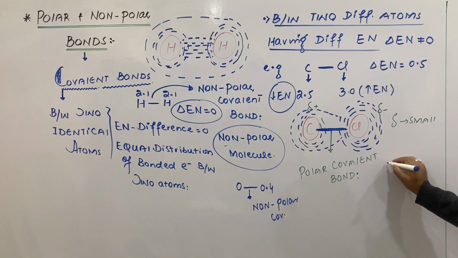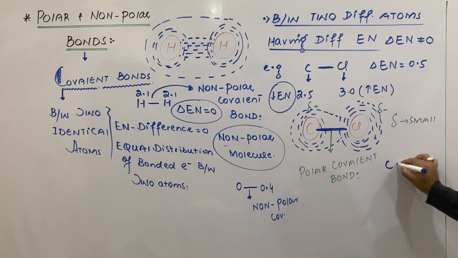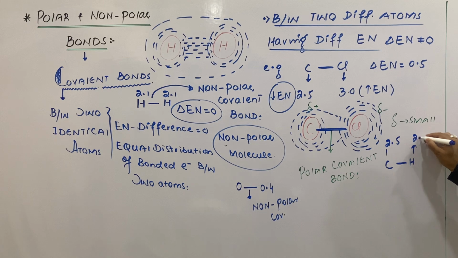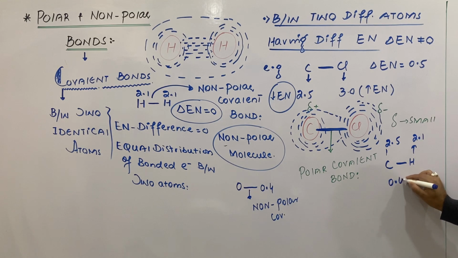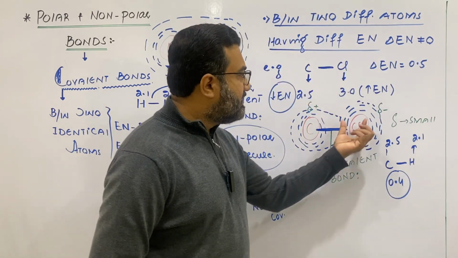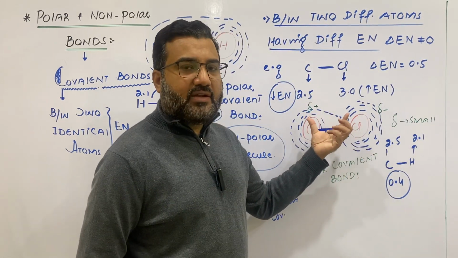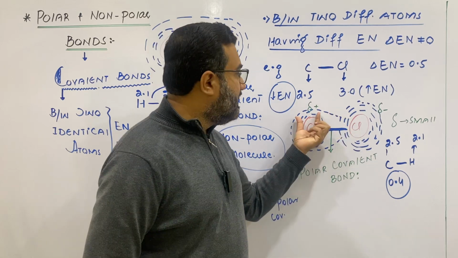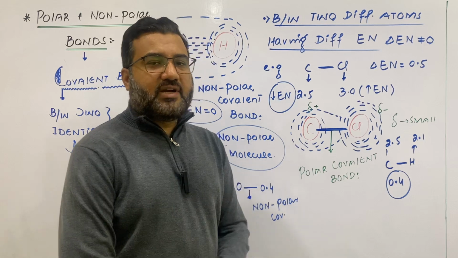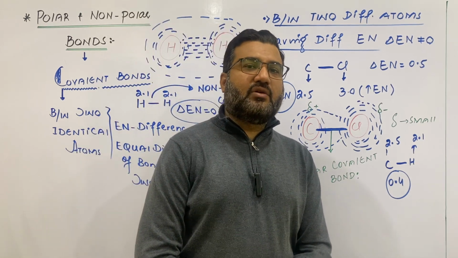Just like the bonds between carbon and hydrogen, which you commonly see in organic molecules, the difference of electronegativity between these two bonded atoms is 0.4. So that is why that bond will be considered a non-polar bond, because here the small charge is very, very micro on the two atoms, meaning this delta positive and delta negative are very, very small in magnitude. So that bond is considered a non-polar bond.